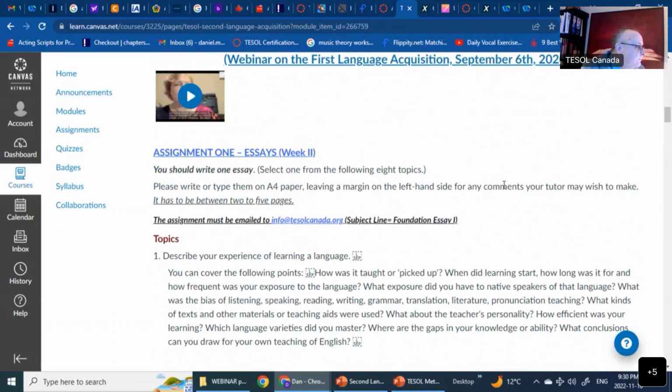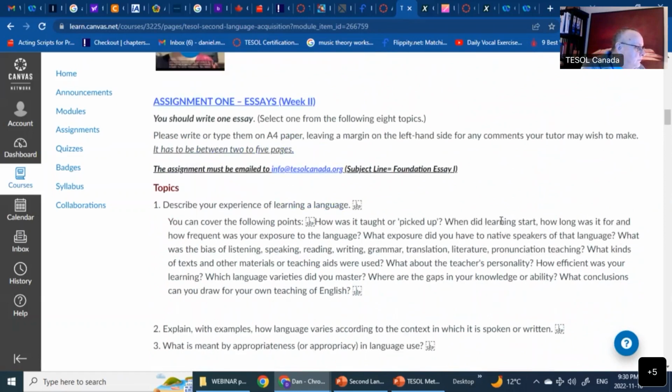It's also on this page where you have your first essay assignment. This is the only place where you're going to see information about this first essay assignment.